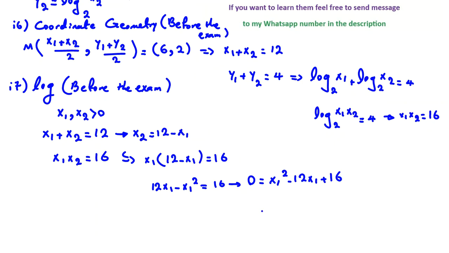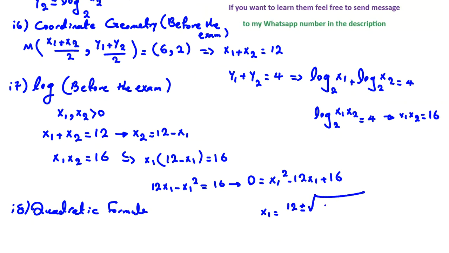So if we use the quadratic formula, again, I told you before the exam, you should pay attention to properties of the quadratic formula. It will be x1 equals 12 plus minus square root of 12 squared minus 4 times ac, over 2.